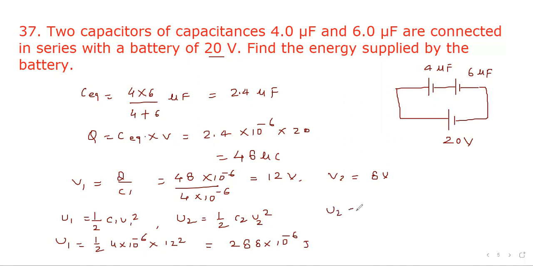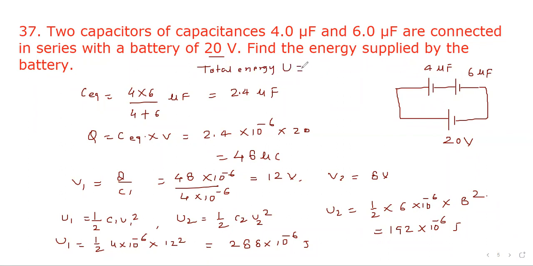And U2 will be 1 by 2 into C2, C2 is 6 into 10 to the power minus 6, into V2, that is 8 square. So this will become 192 into 10 to the power minus 6. So total energy U will be the sum of U1 plus U2, and that will be 480 into 10 to the power minus 6 joule. As I told you, this is the energy supplied to each plate.